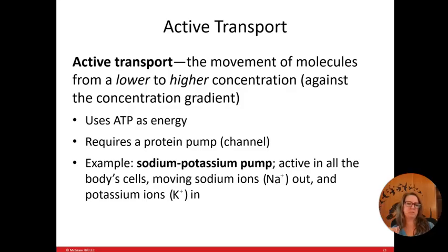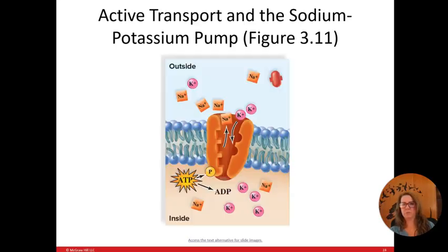Essentially, to force it to do that, we're going to use some energy, and we are typically going to be moving sodium ions out and potassium in, so active transport.